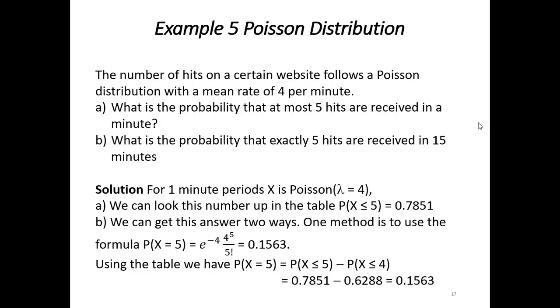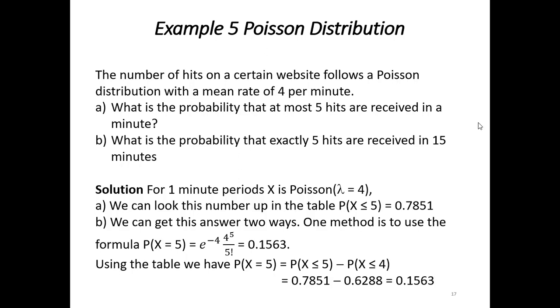So here's an example. Suppose the number of hits on a certain website follows a Poisson distribution with a mean rate of 4 hits per minute. So we ask, what's the probability that at most 5 hits are received in a minute?